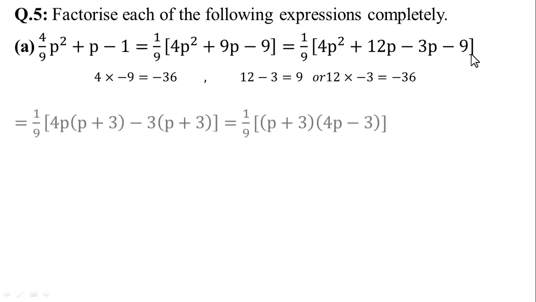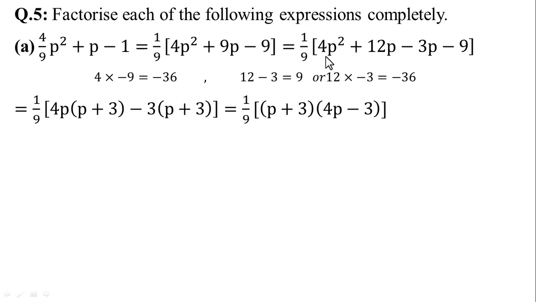Now taking the common in the first two terms, both are divisible by 4p, so 4p is common, remaining term p plus 3. The other two terms are divisible by 3, so minus 3 is common into p plus 3, equal to 1/9 into p plus 3, and p plus 3 is common in both terms.